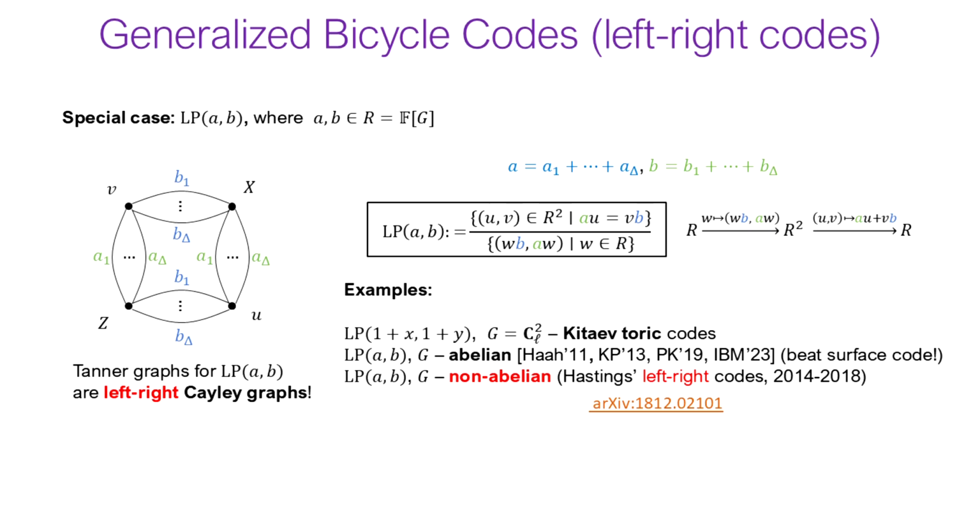What is also interesting is that Hastings had this idea, which he didn't publish, but it first appeared in 2018. There is a concept called left-right code, and a left-right code is exactly the lifted product code applied to elements A and B, and its parity check matrix is exactly the left-right Cayley graph.